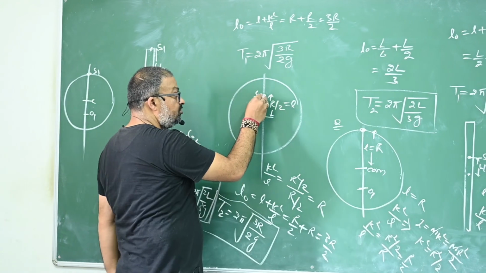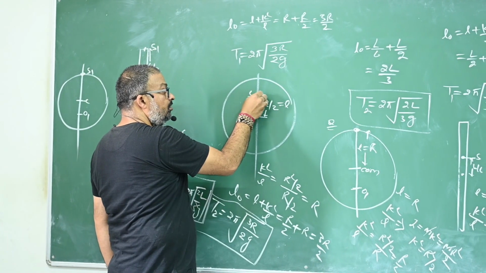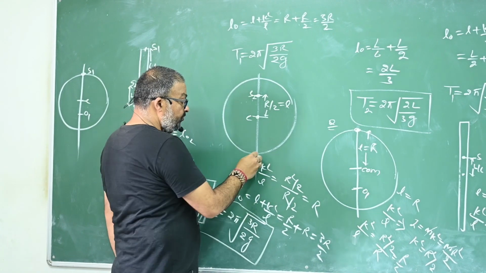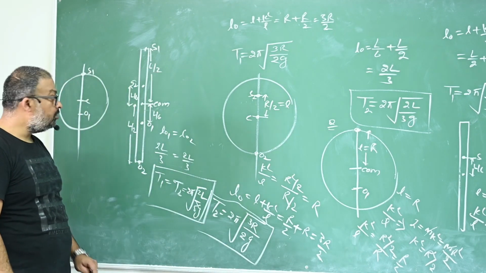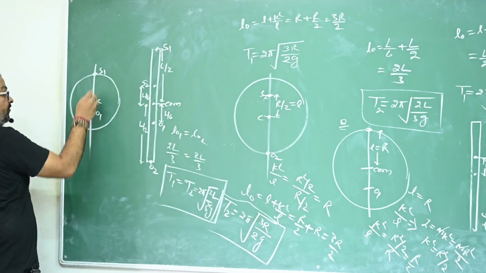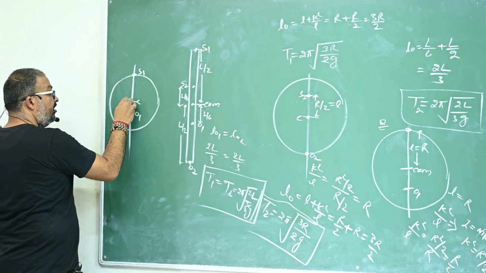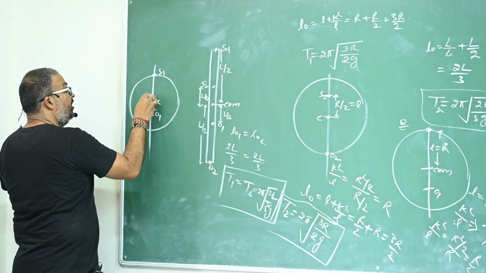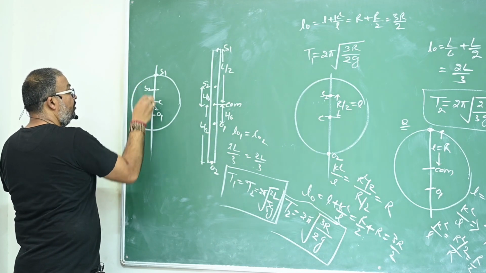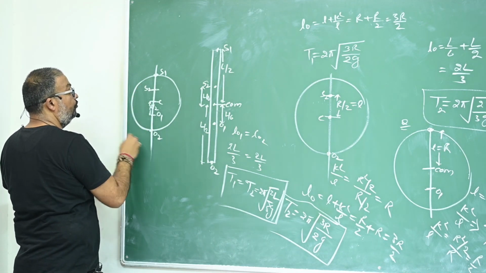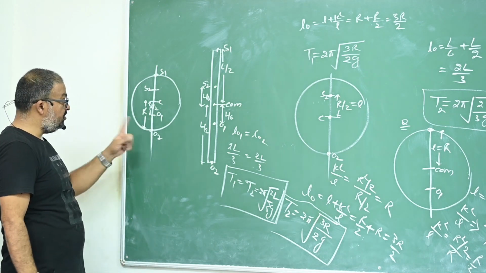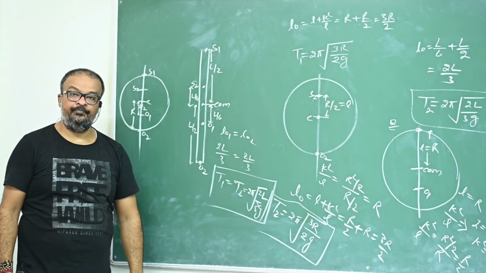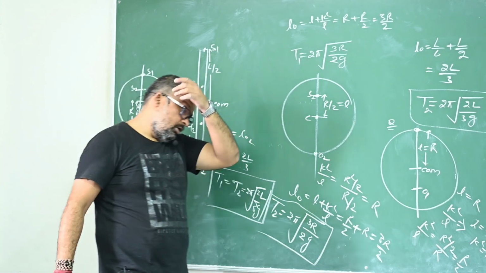But when it was suspended from a point at a distance R by 2, then this was the point of oscillation O2. So if this is S1, then this is O1 at a distance R by 2. And if this is S2, then this is the point of oscillation O2 at a distance R. And in both the cases, the time periods are the same. Getting me or not?